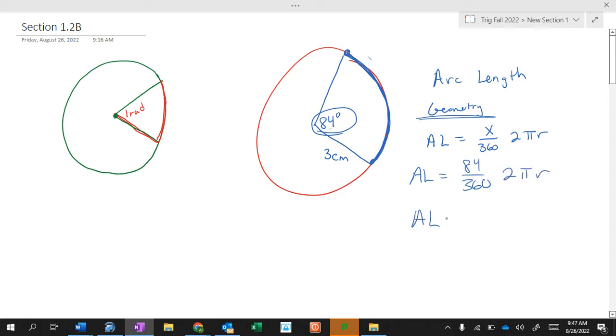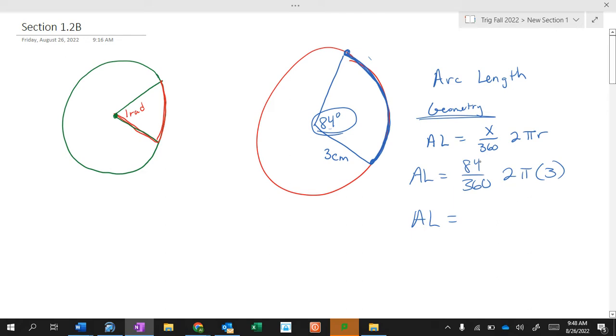Now, calculator, please. Take 84 divided by 360 times 2 times pi times 3. You're going to get a decimal because pi is a decimal number and 84 over 360 is a crazy fraction. I don't want exact terms of pi. I want a rounded answer to 2 decimal places, to the nearest hundredth.